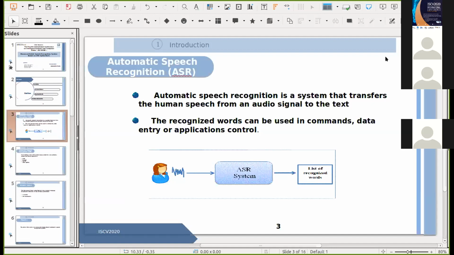Hello, Mr. Abdurrahim. I think that he doesn't hear. He writes, sorry for the last messages. Okay, maybe we will move to the next presentation. He also has a technical connection problem.